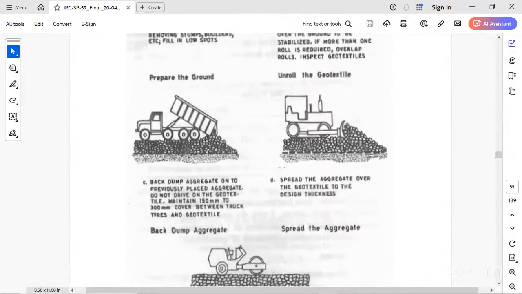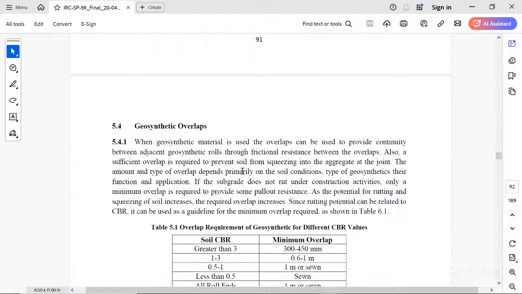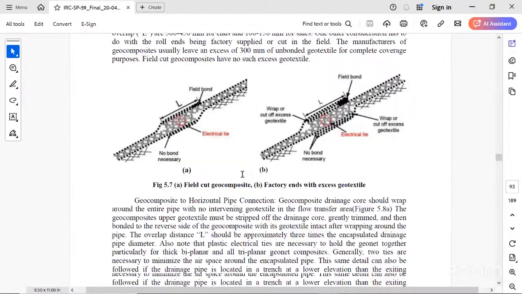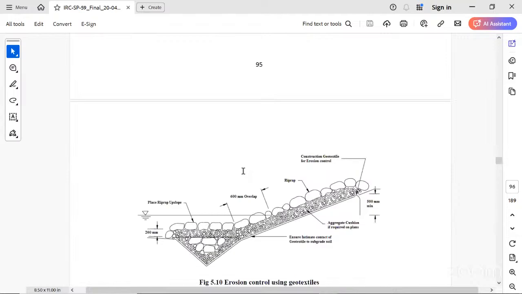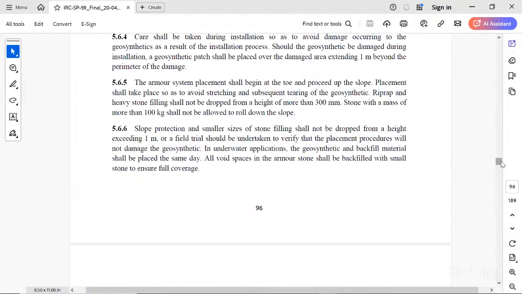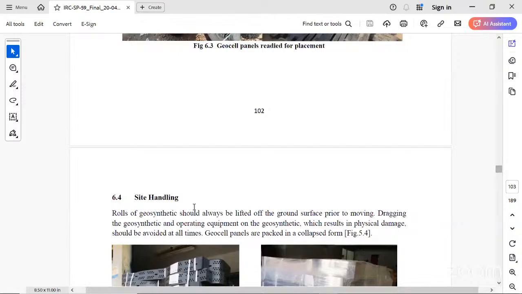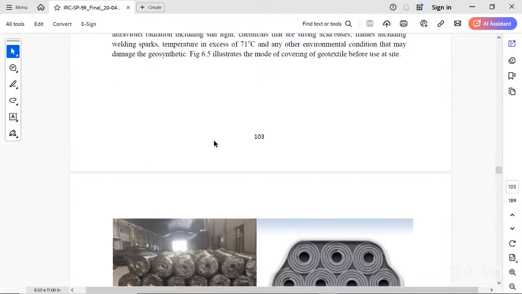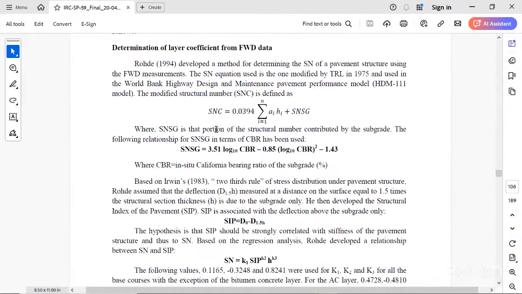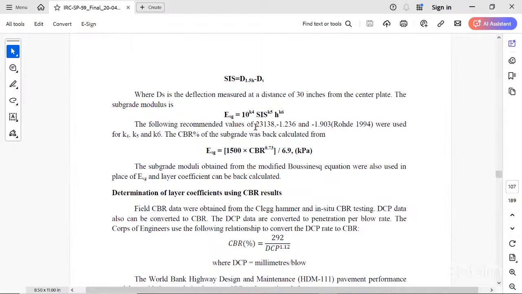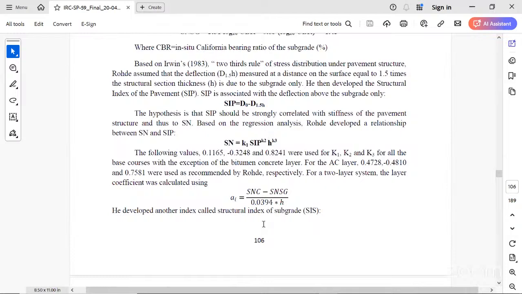Actually, it has. Yeah, I don't think your question is answered in this SP 59, because SP 59 is basically for pavements.